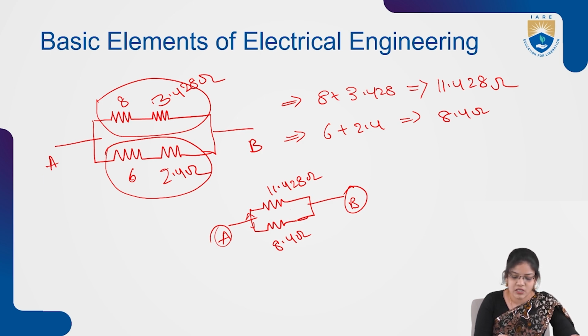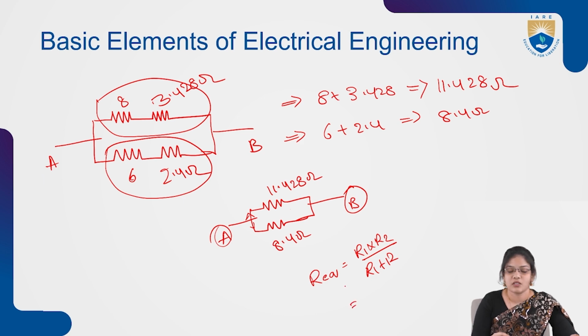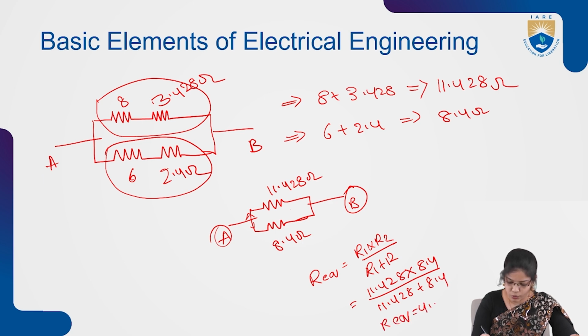So if the two resistances are connected in parallel, we'll be using R equivalent equals R1 into R2 by R1 plus R2. So to reduce this network, we'll be calculating 11.428 into 8.4 by 11.428 plus 8.4. The final R equivalent will be 4.841 ohms.